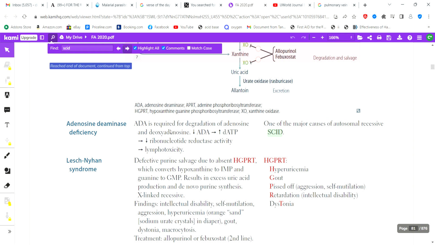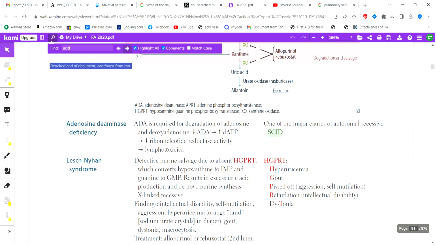Adenosine deaminase is required for the degradation of adenosine and deoxyadenosine. Decreased adenosine deaminase will lead to increased dATP, which leads to decreased ribonucleotide reductase activity.